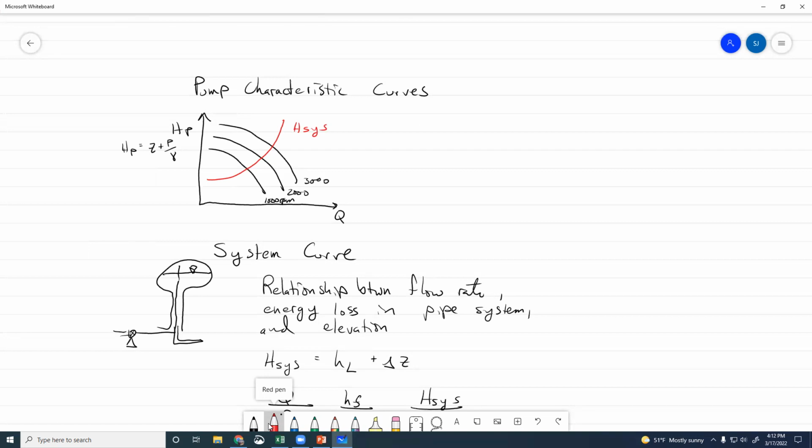We can figure out what this flow rate is that we need. So maybe it's a range of flow rates. So this would be Q design. And then where your system curve intersects the pump curve, we get our operating conditions. And we call that the match point.